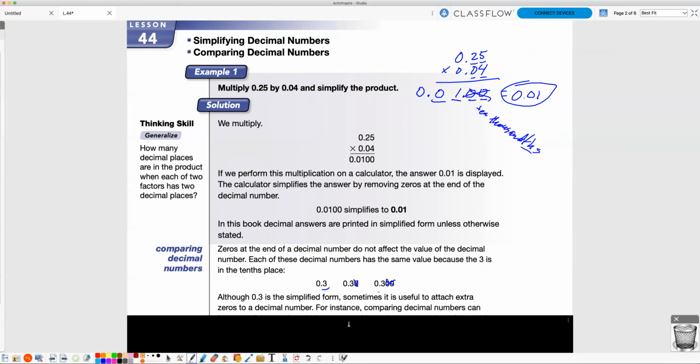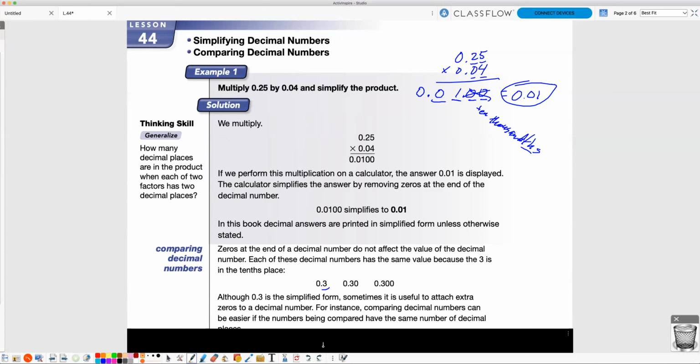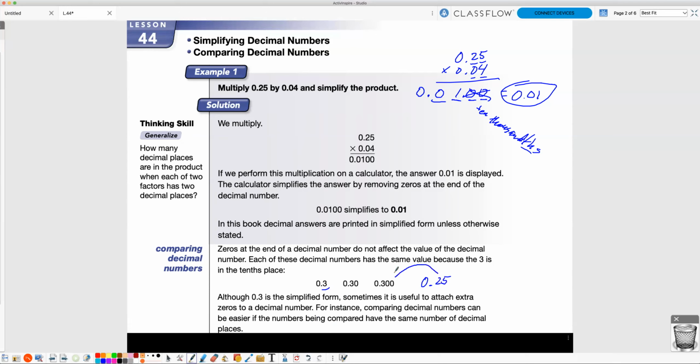Although 3/10 is the simplified form, sometimes it's useful to attach extra zeros to a decimal number. For instance, comparing decimal numbers can be easier if the numbers being compared have the same number of decimal places. So if we're going to say what's bigger, 25 hundredths or 3/10, which one is bigger?